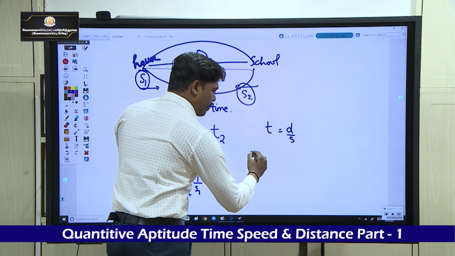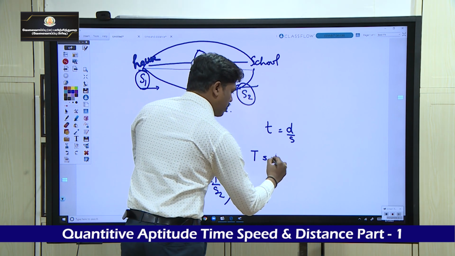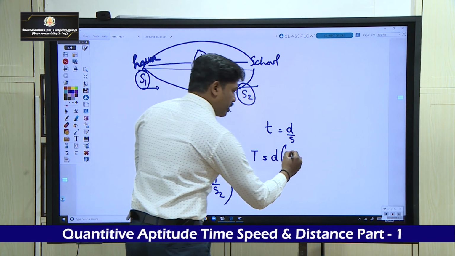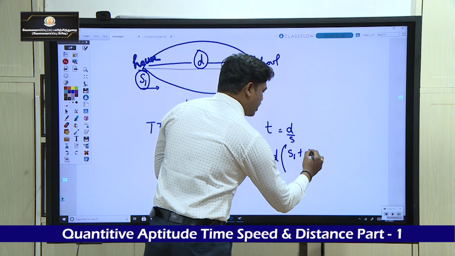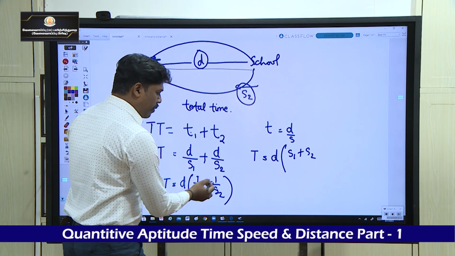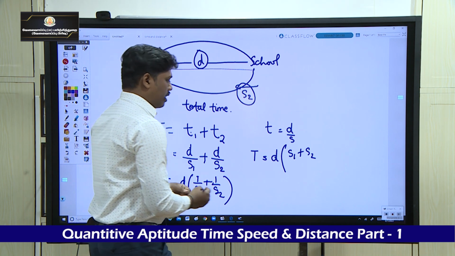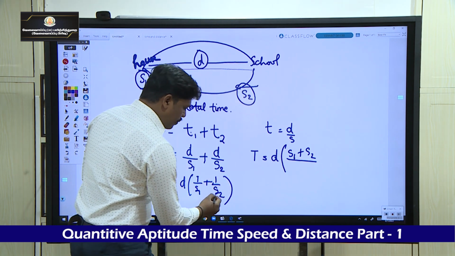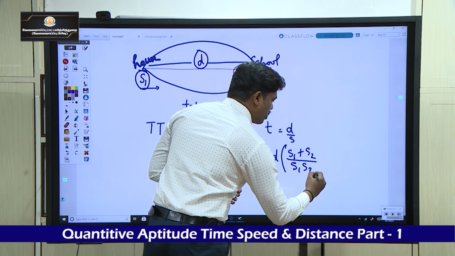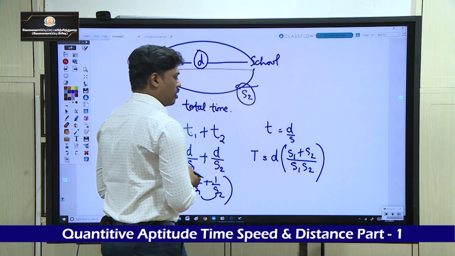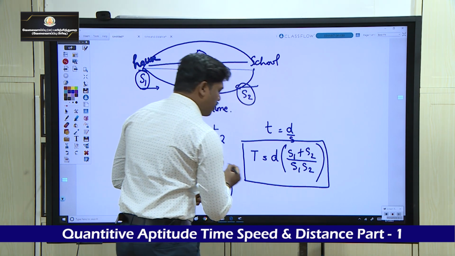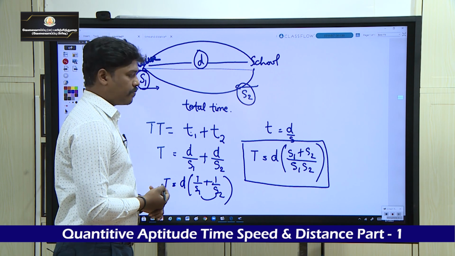So time is equal to distance into S1 plus S2, you will be getting 1 into S1 plus 1 into S2, divided by S1 into S2. This is the formula we can use there.